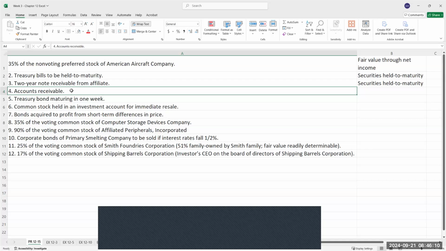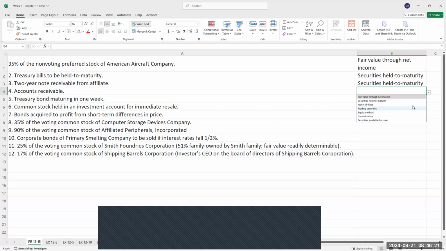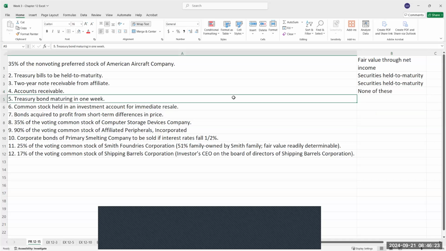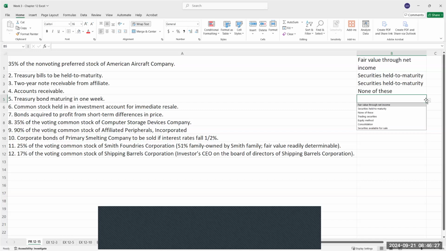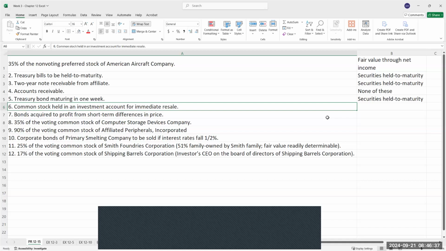That is simply when we have provided a service or sold products to customers on account, and they're promising to pay us in the future. So this would be none of these. Next, we have a treasury bond that's maturing in 1 week. So you might look at the fact pattern and say, hey, well, we're not holding it. The problem says that it's going to be maturing in 1 week. So we've held it until it has matured. So this represents securities held to maturity.